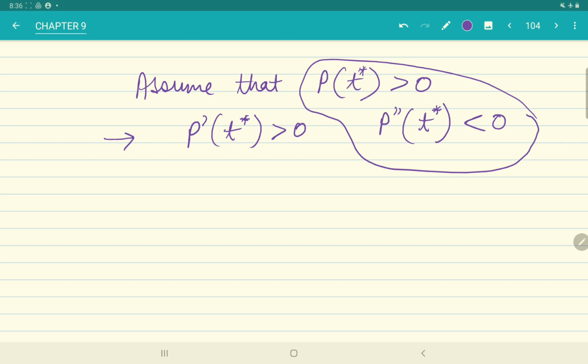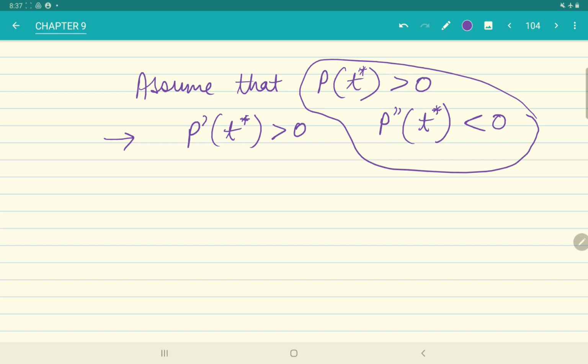When P of T star is greater than 0, I have P prime T star greater than 0. But the current market value is increasing at a decreasing rate, so P double prime T star is going to be less than 0.